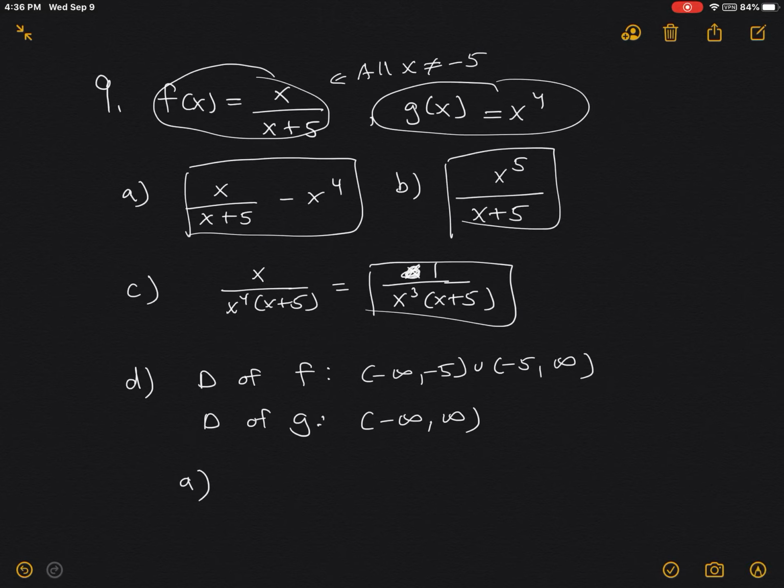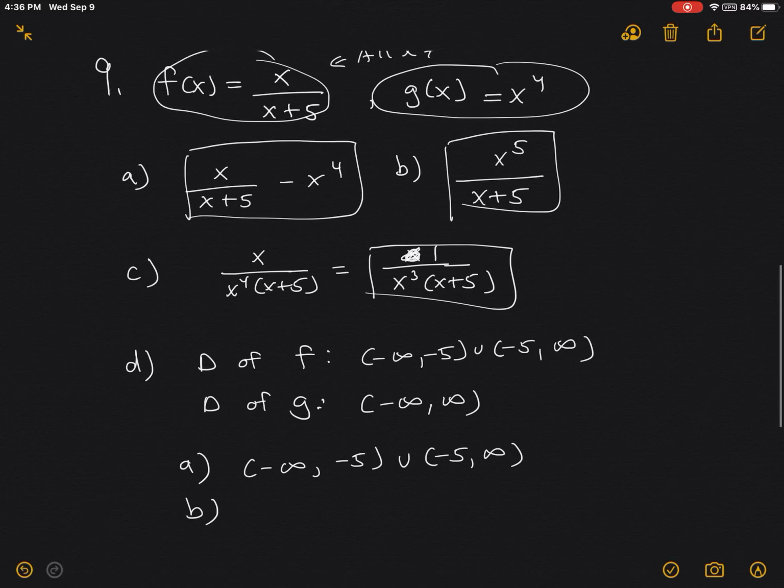All right, so for part A, you already have the answer. It's the overlap of the domain of f and the domain of g, okay? So you don't look at the final answer, you just look at the overlap. The overlap of these is minus infinity to negative 5, union, negative 5 to infinity.